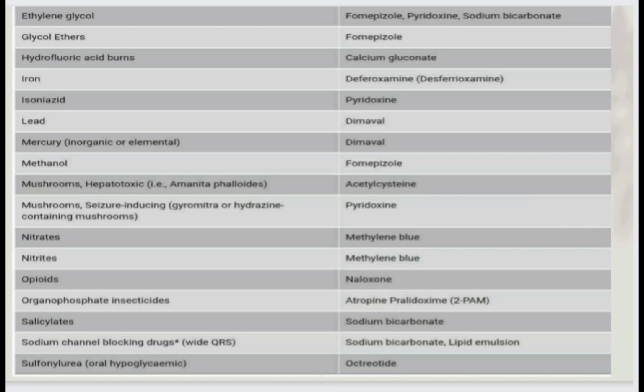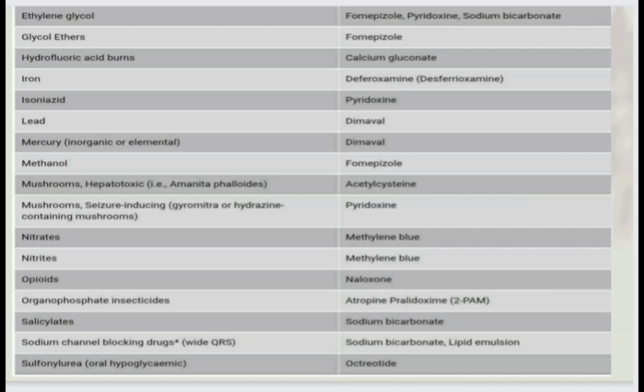Then methanol poisoning, fomepizole is used. Mushrooms or hepatotoxics, like Amanita phalloides, in that case acetylcysteine is used. Then mushrooms or seizure-inducing drugs: in that case, pyridoxine is the antidote. Then in case of nitrates, methylene blue.